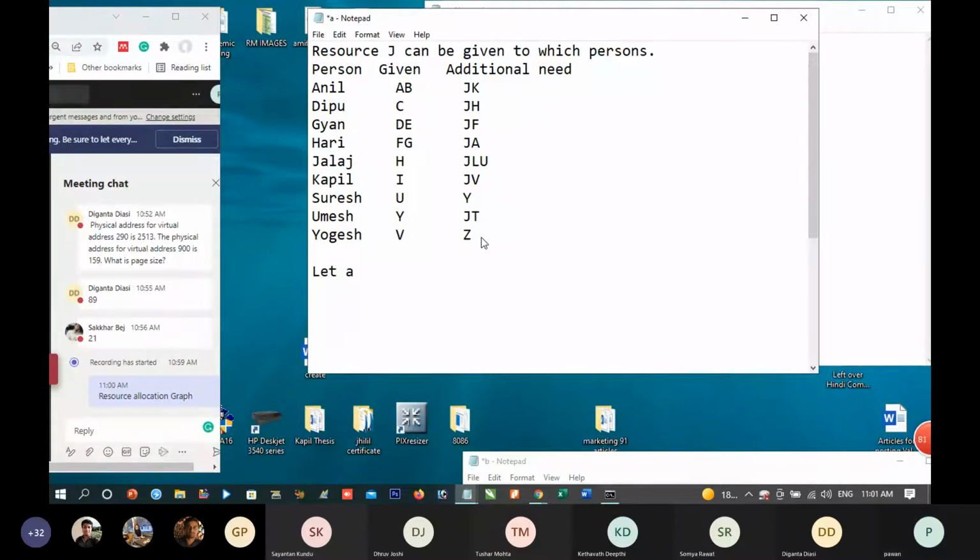Let Anil ask for J. Should it be given? This is the question. Give the reason. It should be given or not.